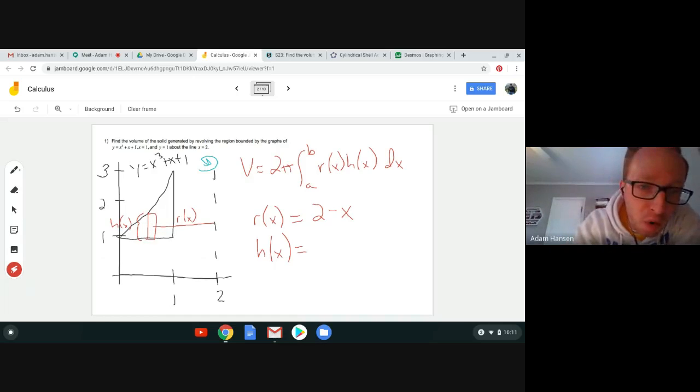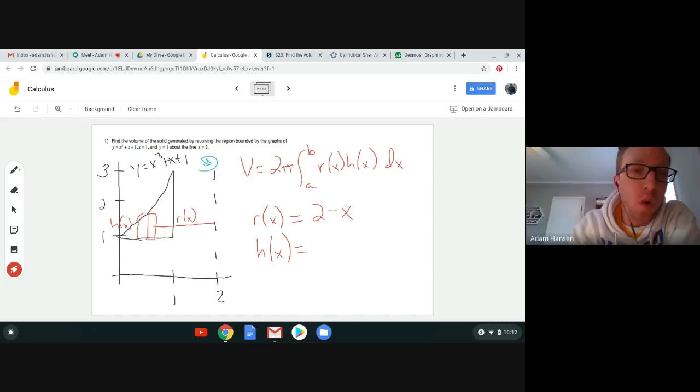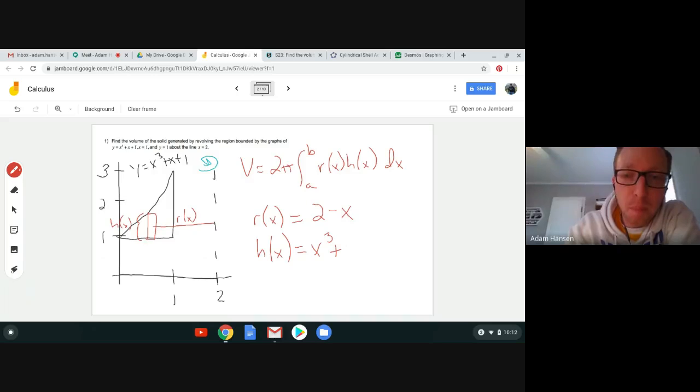I do not want to include the entire height, or the entire x cubed plus x plus 1. Would it just be x cubed plus x? Where'd the other 1 go? Well, you'd be subtracting 1 since you don't want that extra height. Yep. So if I do plus 1 and then minus 1, because I don't want that extra distance down below, those just cancel out, leaving me x cubed plus x as my height.